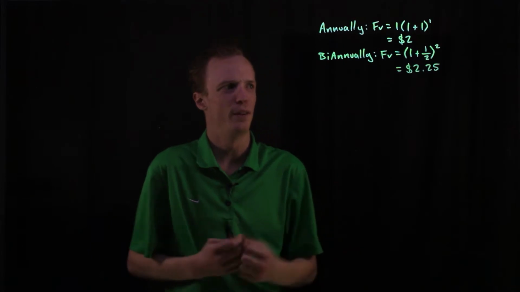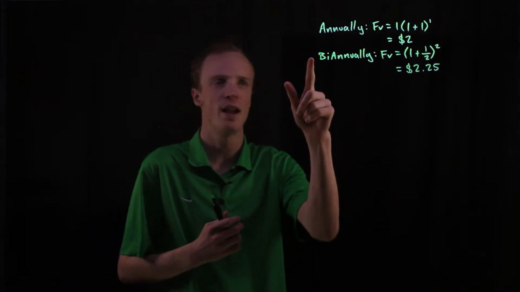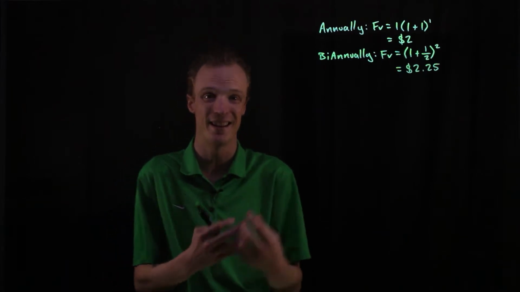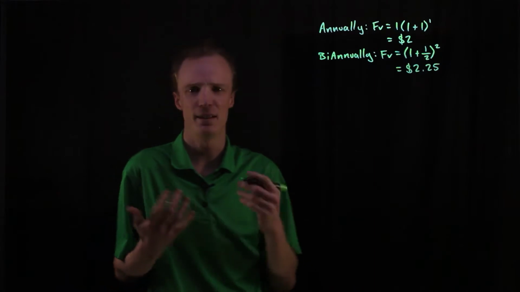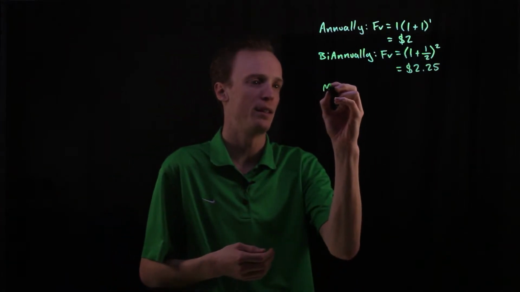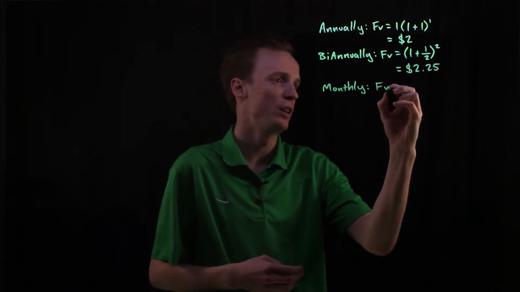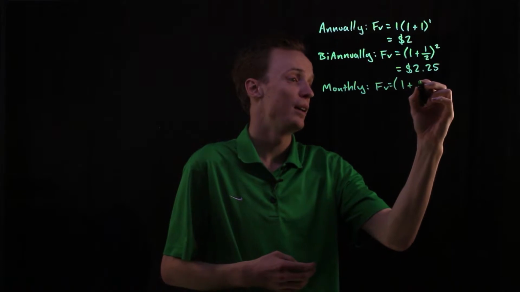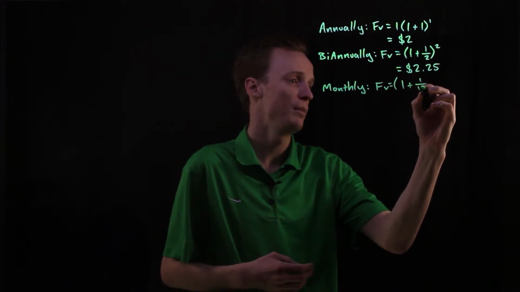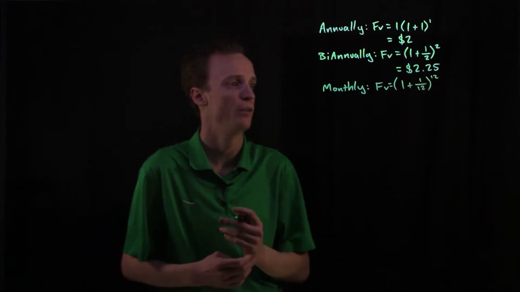So my thought's this: is there actually a way, if I continue increasing how often it's compounding, that I can get an unlimited return for my money? Well, let's continue this. Let's go to monthly. Now, with my monthly, what will change here is, my future value is equal. I'll still have my 100%, but this time it's going to be divided between my 12 months, and then it's going to compound 12 times.